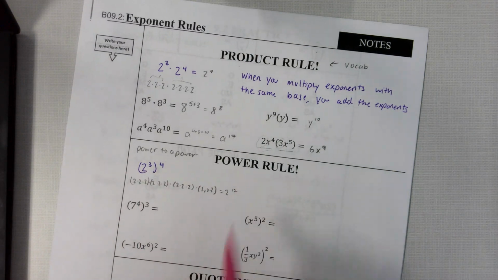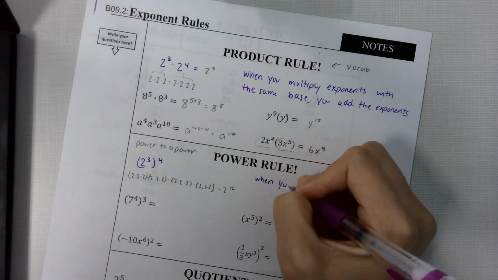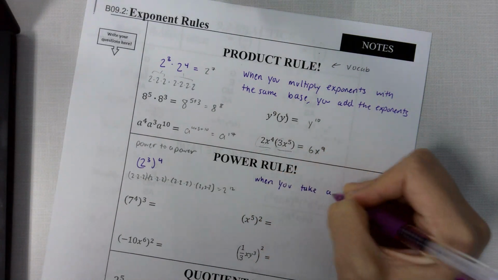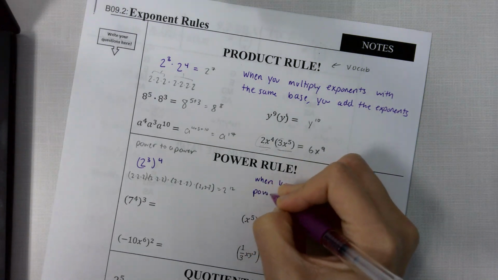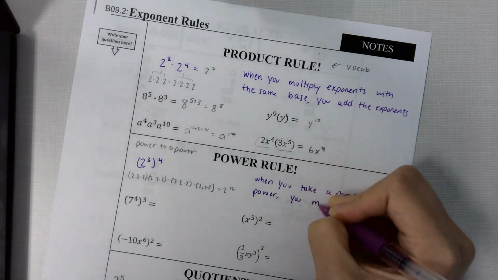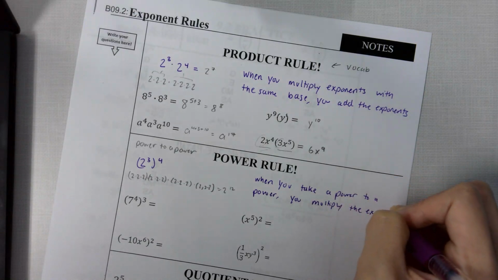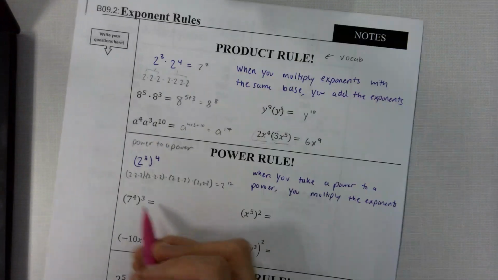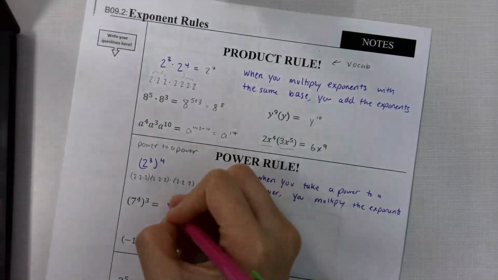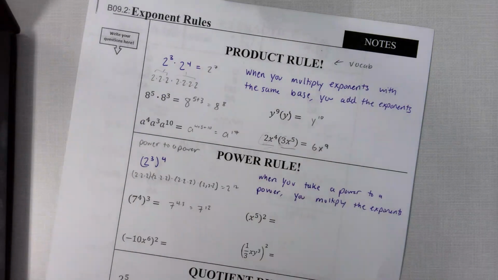So we get 2 to the 12th. When you take a power to a power, you multiply the exponents. So if we look here, right, we have 4 times 3 is 12. So 4 times 3 equals 7 to the 12th.